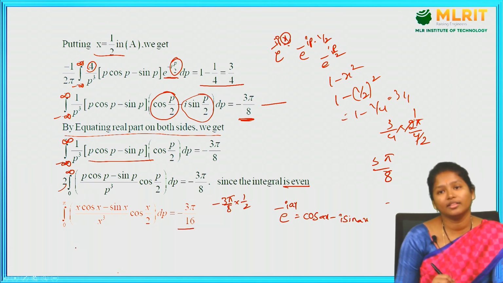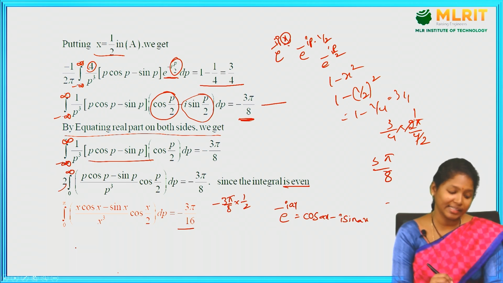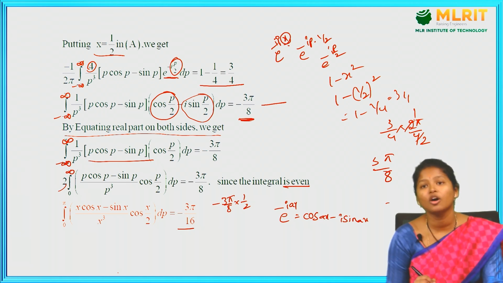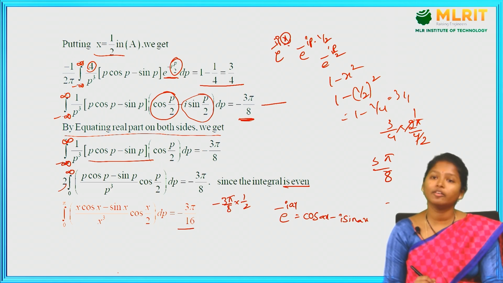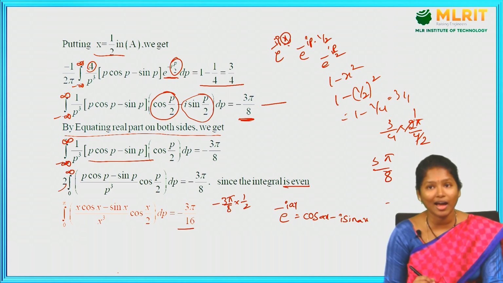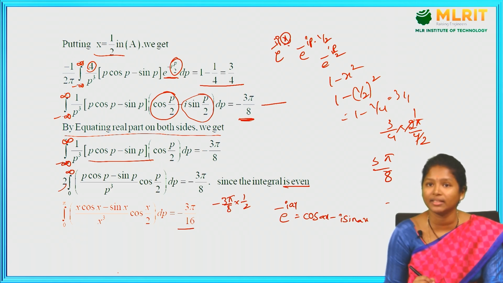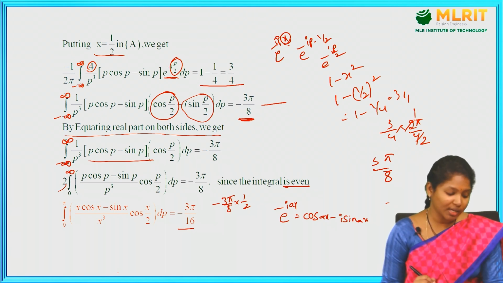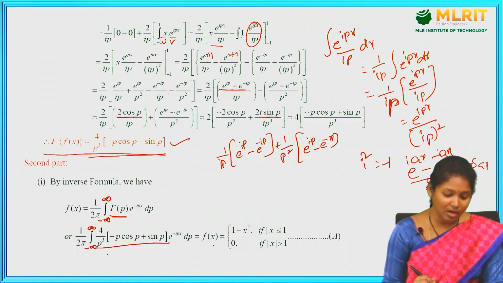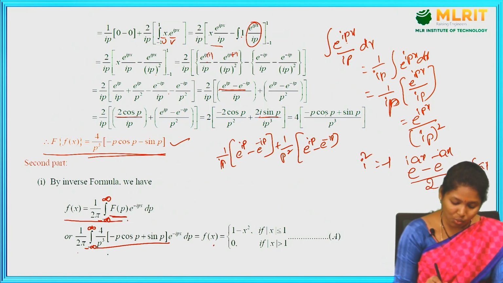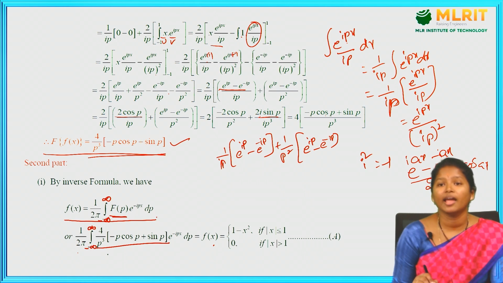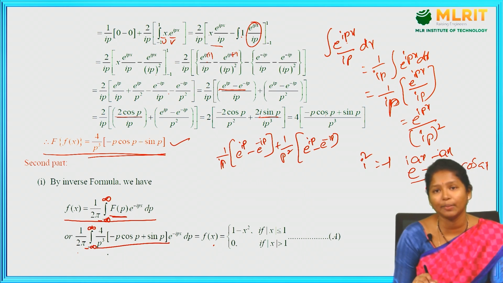First, in the problem, we are integrating by parts, and next we will get the f of x, that means the Fourier transform. Here in the problem, they have given the term 'hence evaluate', that means we have to apply the inverse Fourier transform also. The inverse Fourier transform formula is f of x equals 1 by 2 pi integral from minus infinity to infinity of f of p e power minus ipx dx.